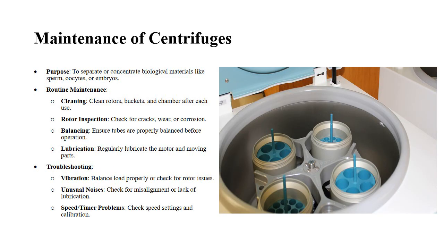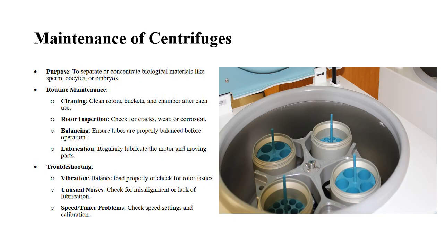C. Centrifuges. Purpose: centrifuges are used to separate sperm from seminal plasma, isolate cellular components, or prepare samples for further analysis. Routine maintenance, cleaning: after each use, clean the rotor, buckets, and inside of the centrifuge chamber with a mild disinfectant.